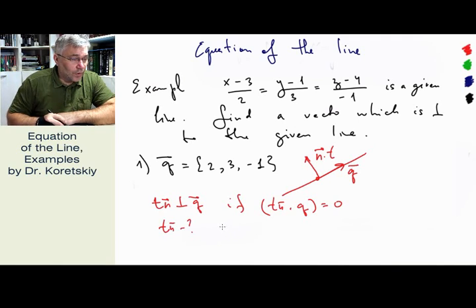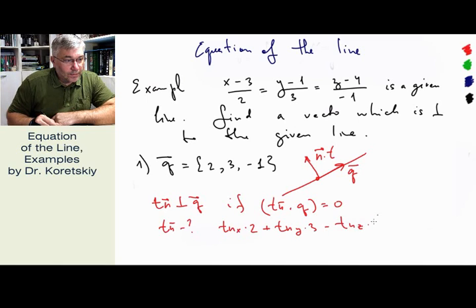I don't know, so I denote them like nx times 2 plus ny times 3 minus nz times minus 1 equals 0.